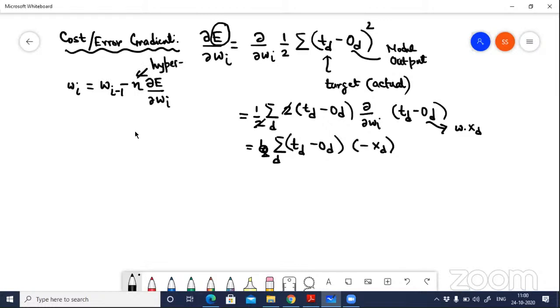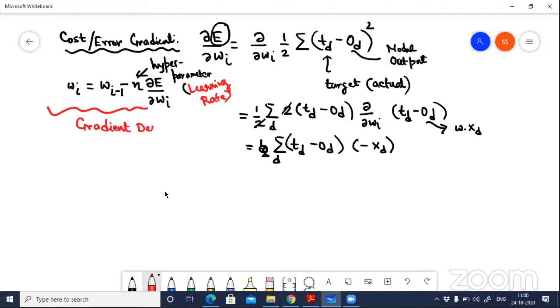In the language of machine learning, this is called the learning rate. And this is known as the gradient descent update rule.